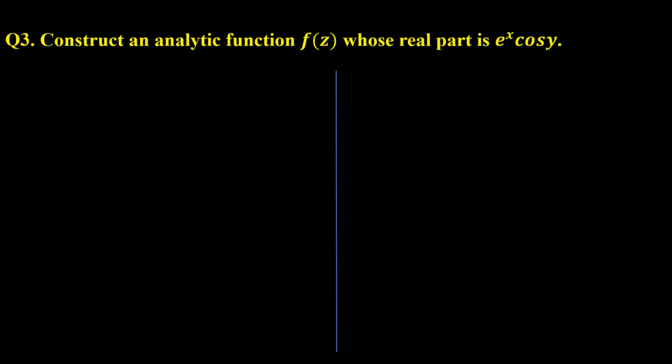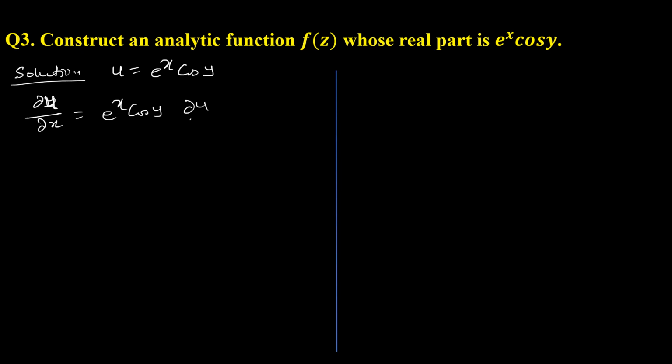Now this question we can solve in another way. In that case we find the partial derivatives. u is given as e to the power x cos y. So del u by del x is e to the power x cos y, and del u upon del y is minus of e to the power x sin y.